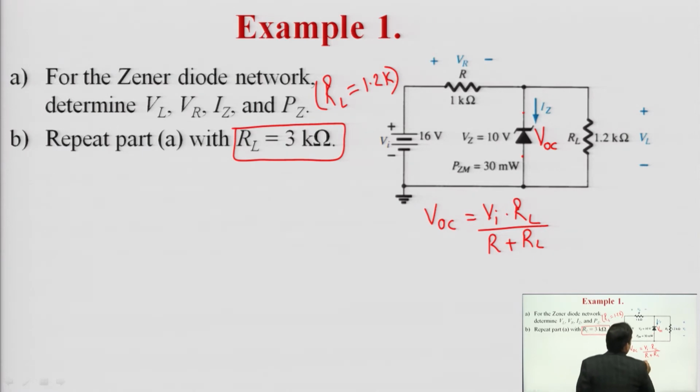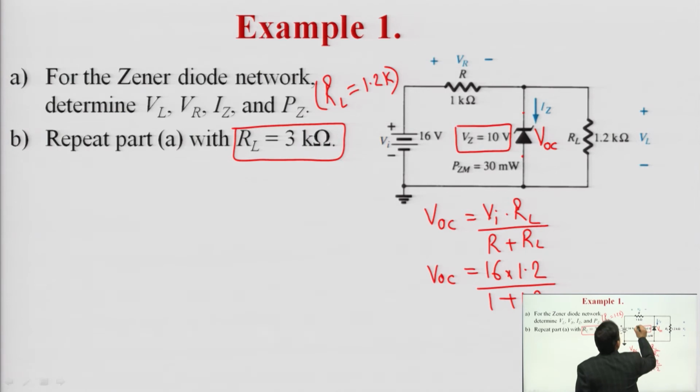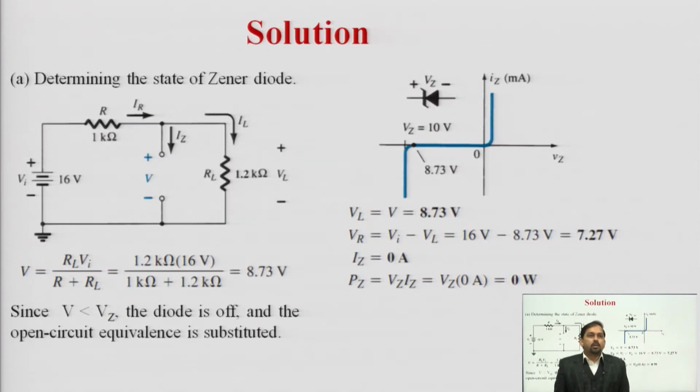So, VI is 16, RL is 1.2 and 1 plus 1.2. So, this is VOC, and it is given that the Zener voltage VZ is 10 volt. If we calculate this, VOC, or this V, comes out to be 8.73.